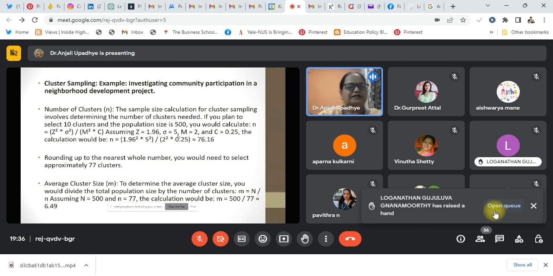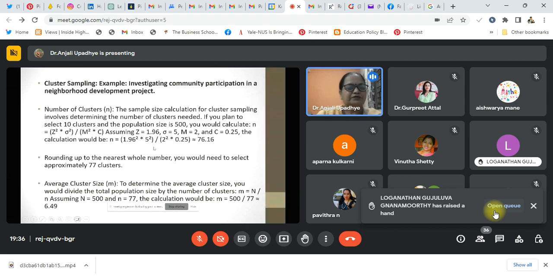First of all, we decide the area in which we are going to select the sample. This is the first criterion of the cluster. Then, in the selected cluster, I'm going to take a sample using a random sampling method. So suppose you plan to select 10 clusters and my population size is 500.